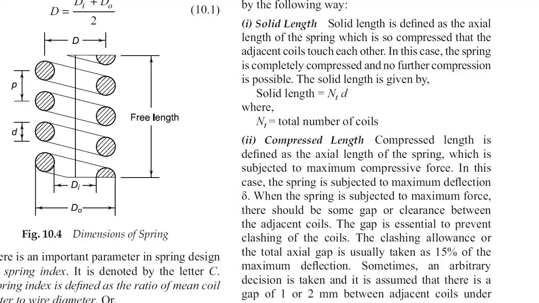And in this case, the spring is completely compressed and there is no further possibility of compression. Right? Once you fully compress it and after applying more load, if it is still not in a position to compress, then the entire length is considered as the solid length and it can be denoted by using this equation.